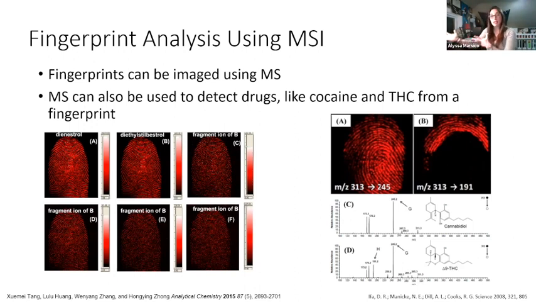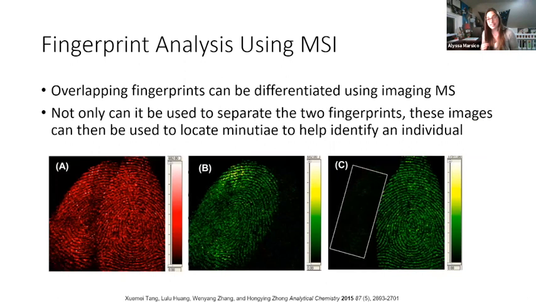So we can image fingerprints, but one other cool thing that we can do, it's like, but wait, there's more, right? For $9.99, what we can do is we can separate fingerprints. If my fingerprint is different than yours, if I use a different lotion than you, and our fingerprints are overlapping, we can use Mass Spec imaging to actually deduce detail where they overlap that pertains to each of these individual fingerprints.